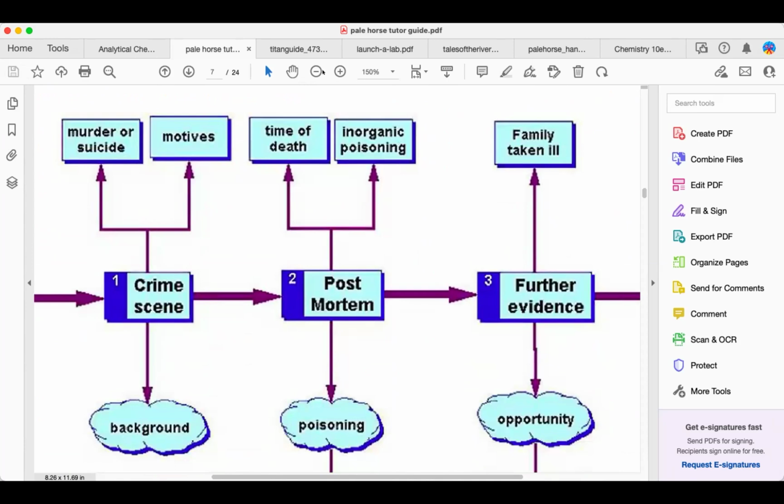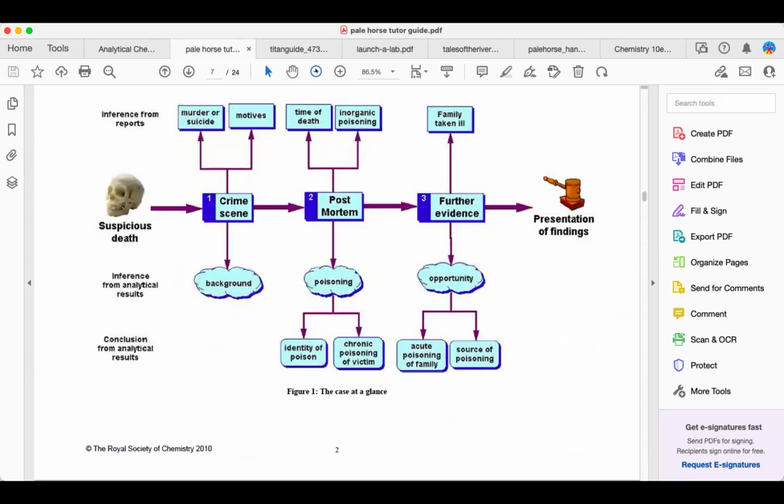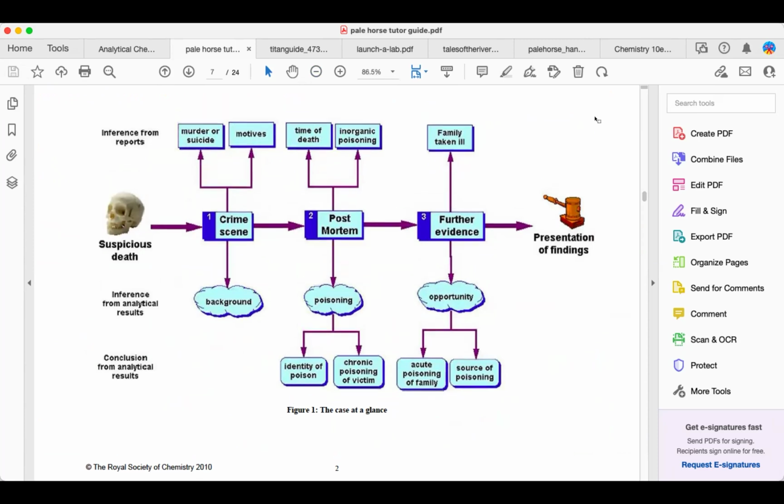There is a suspicious death, and then you have a crime scene. You have to read the evidence, you have to read the data. In this case we're not talking about forensics, but still you have to think about the motive, because it's a murder.